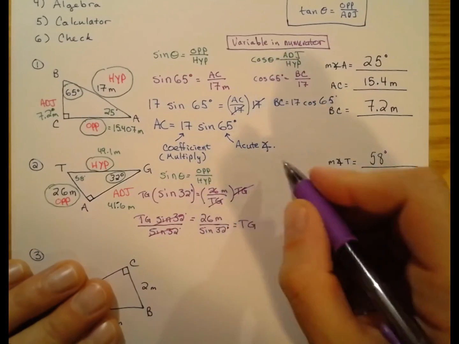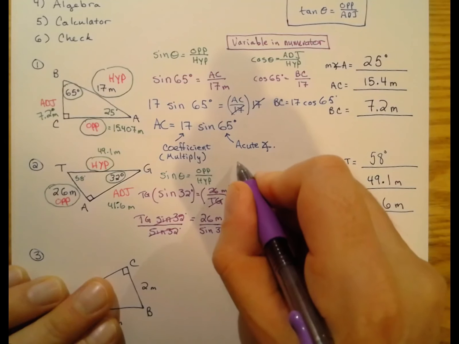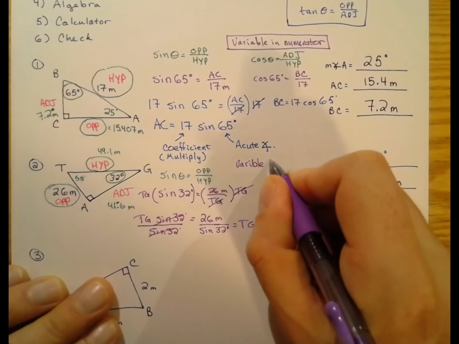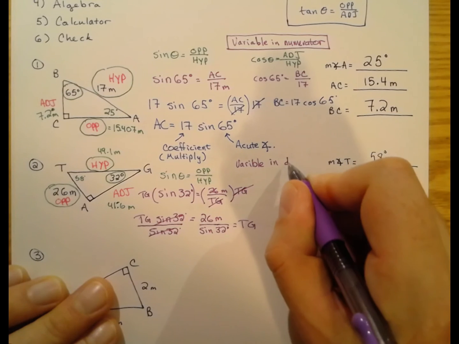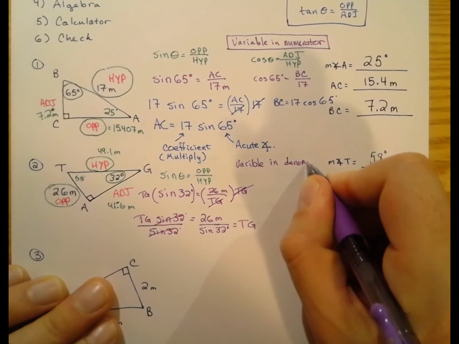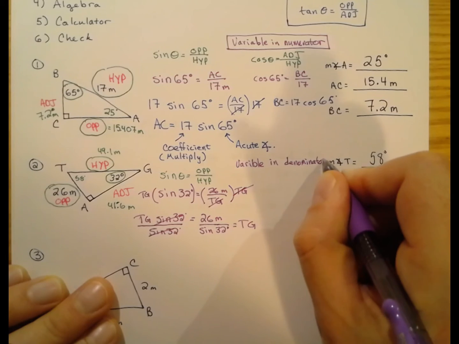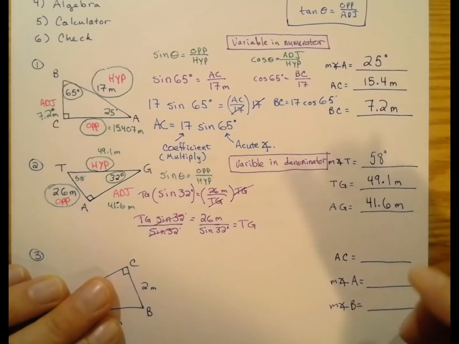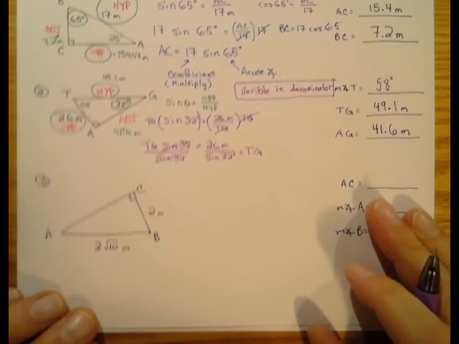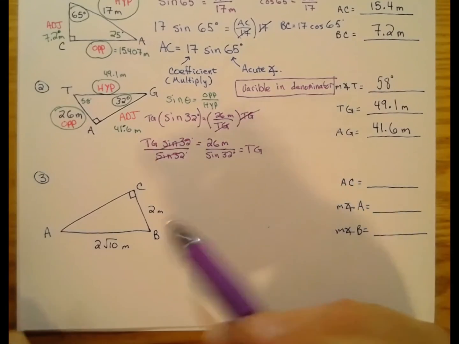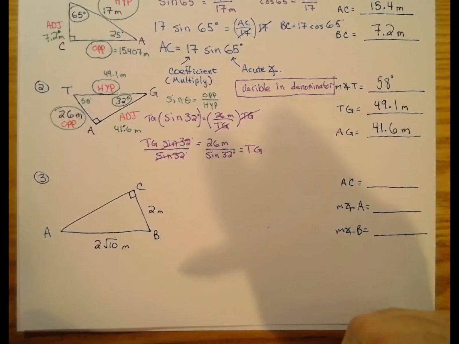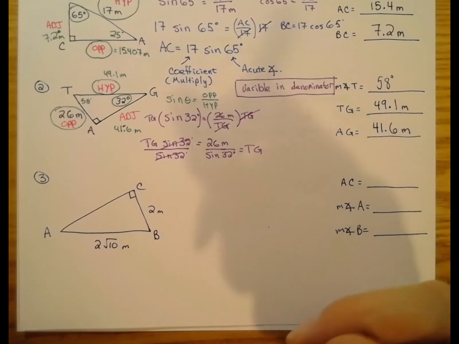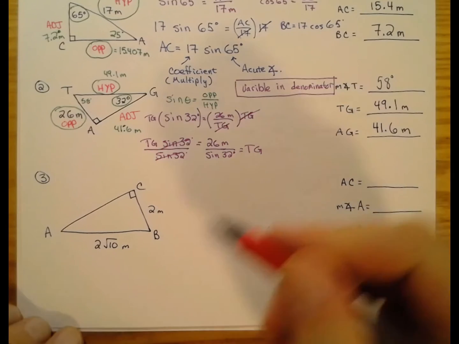The scenario is variable in the denominator. All right, the third algebra type is when we don't know one of the angles. So we have to just pick one. So this is a little bit of a different step 1, but not wildly different.